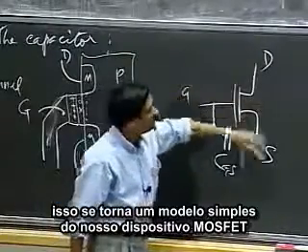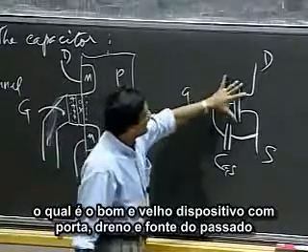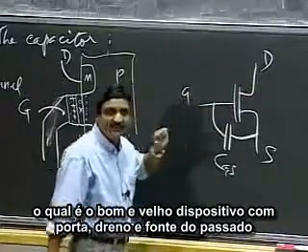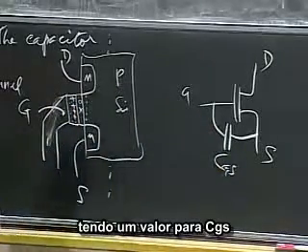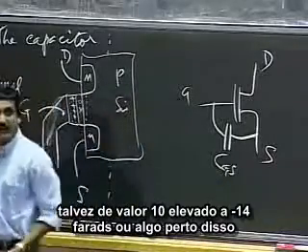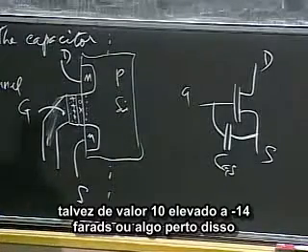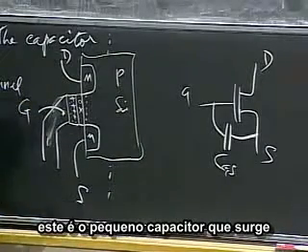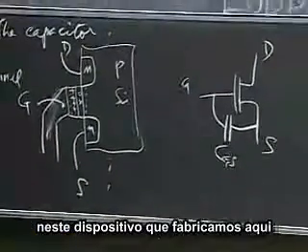So this becomes a simple model for our MOSFET device, which is the good old gate, drain, source device from the past, with a little capacitor, CGS, having some value, maybe 10 to the minus 14 or thereabouts farads. So that's a little capacitor that has come about in this device that we fabricated here.